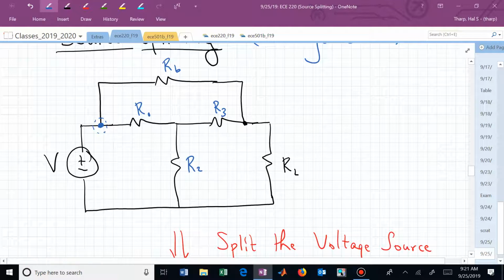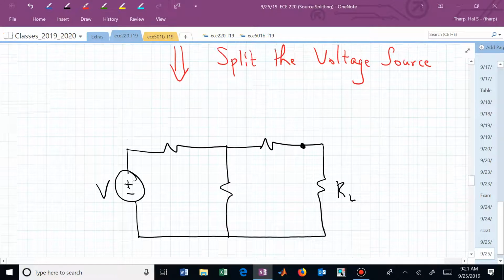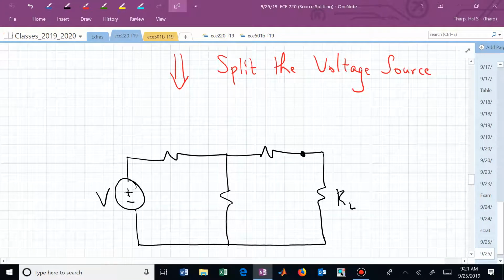I'm now going to pull that node apart and have one of the parts be supplied by V and the other part also supplied by V. Here is the interior piece.